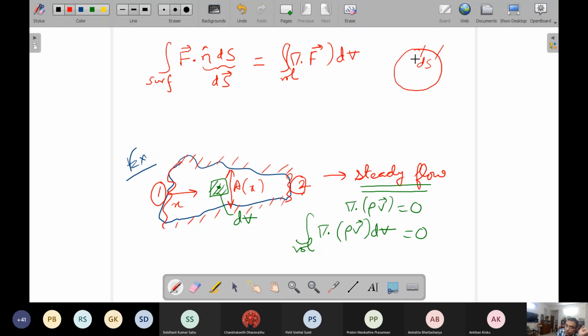Area vector means, when you have this small area ds, it is almost like a linear element in this projection, plus a width perpendicular to the plane, and that makes the area. This will have an outward normal. So that is this one. This is the outward normal.